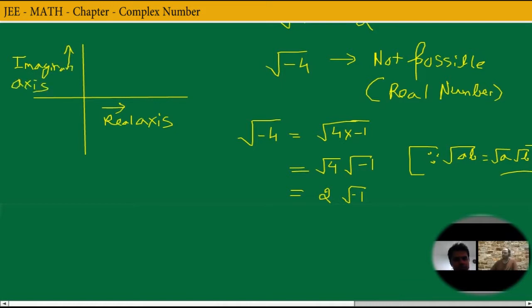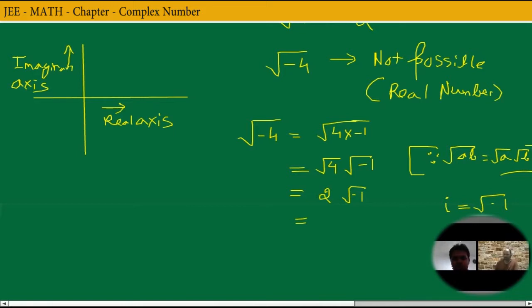Now the question is, what is an imaginary number? Since you said the square root of negative 1 is not possible, they have defined it by a small i. It is basically iota. It comes from the Greek alphabet, not the normal English alphabet. So iota, i, is the square root of negative 1.